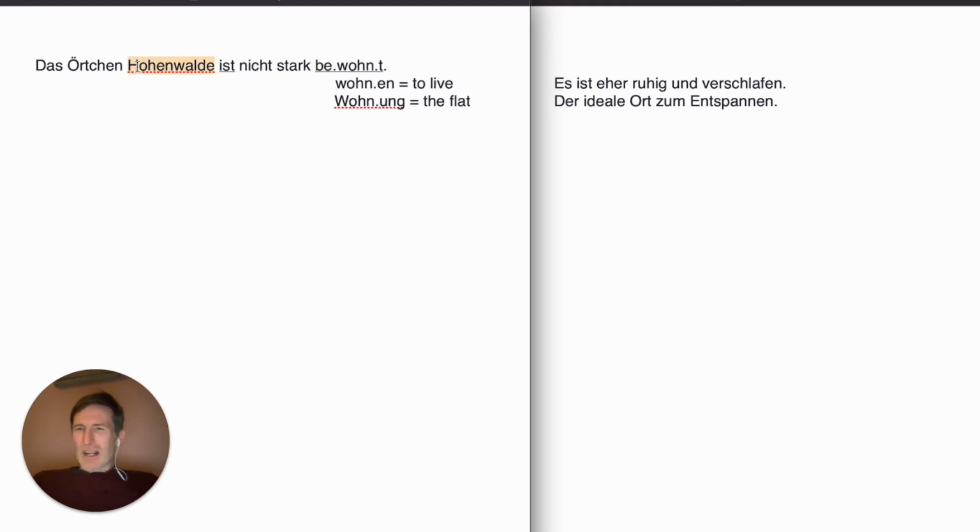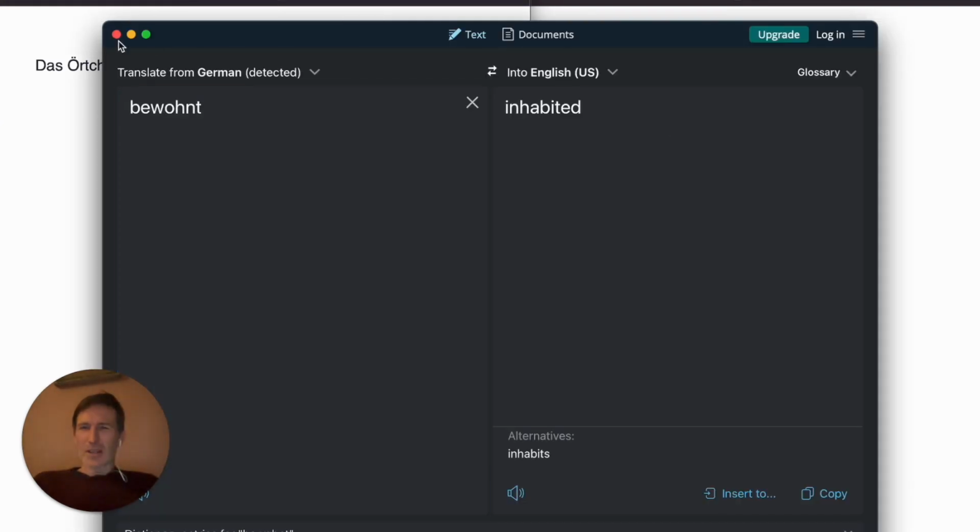So Hohenwalde is nicht, you remember, hopefully, not lived. Well, bewohnen maybe in this case has more of the meaning of an agglomeration of things. So occupied, or yeah, I think that's the best word. Quick check.